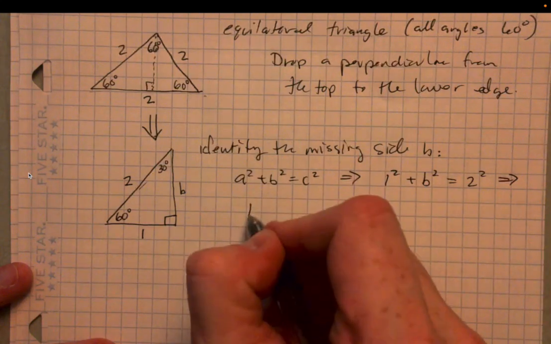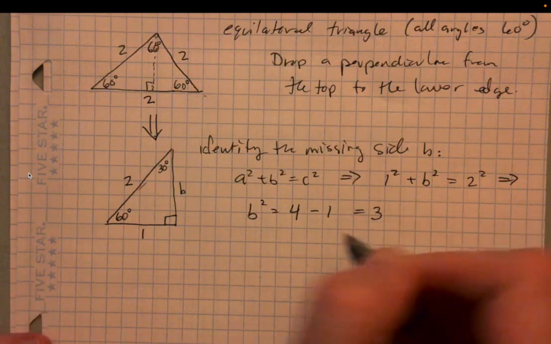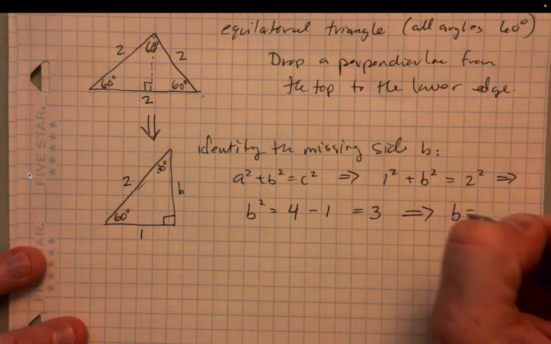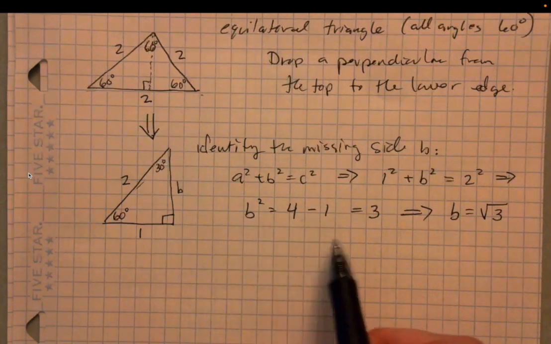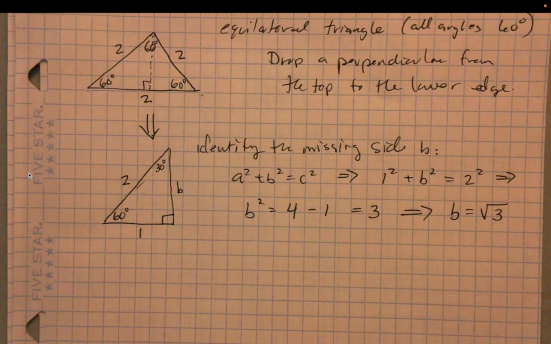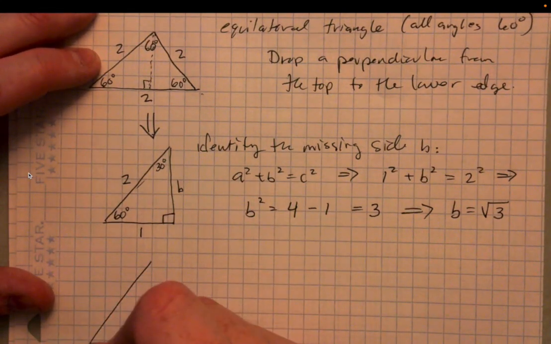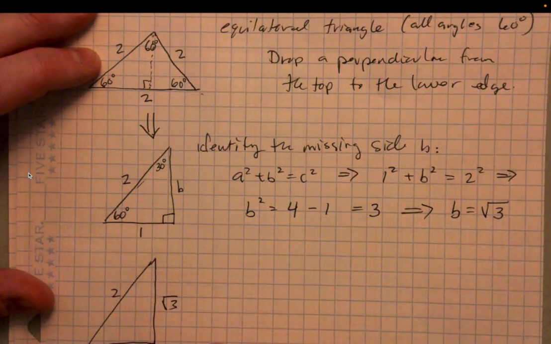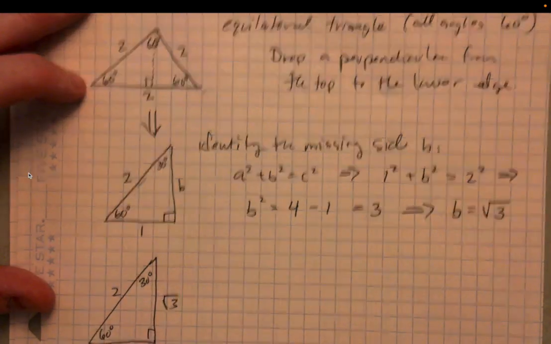That means b squared is equal to 4 minus 1, or 3, and so b is equal to the square root of 3. Just going through the algebra, solving for b, at the end b squared equals 3, and you just take the square root of both sides. So our triangle is 2, square root of 3, and 1. All right, so we've got this guy.